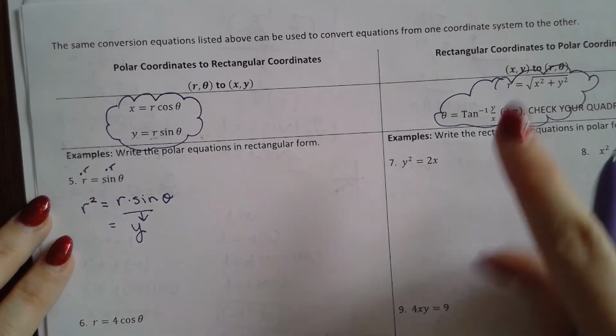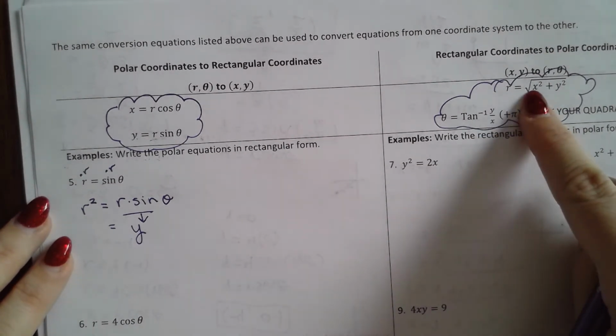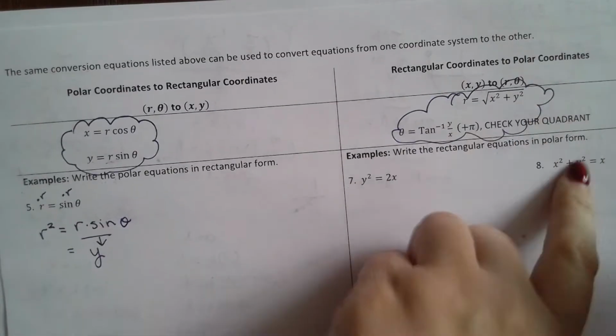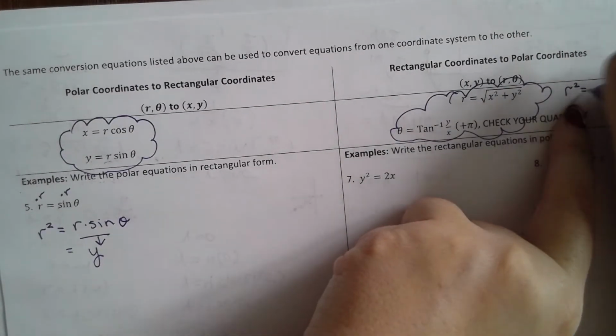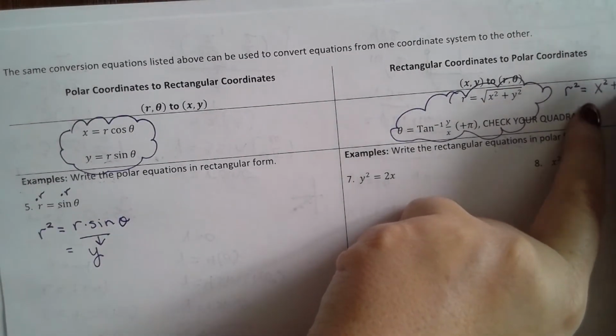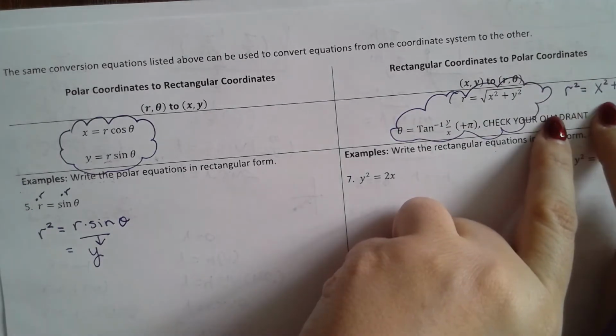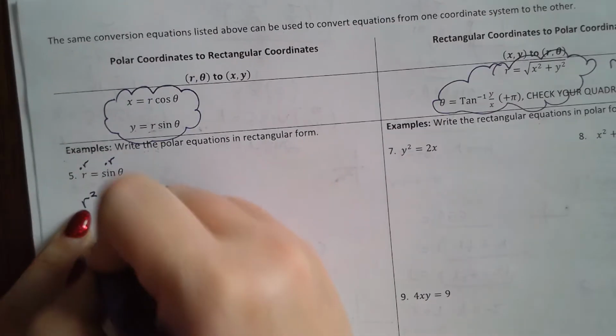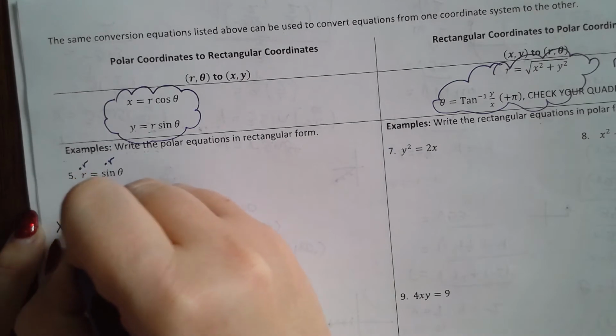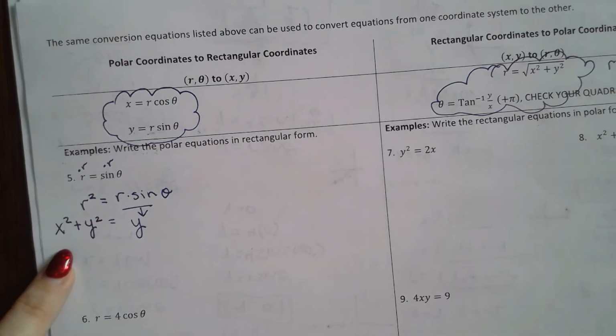We also know that if r is equal to the square root of x squared plus y squared, then we could also say that r squared is equal to x squared plus y squared without the square root. So if we have r squared here, I can replace that with x squared plus y squared.